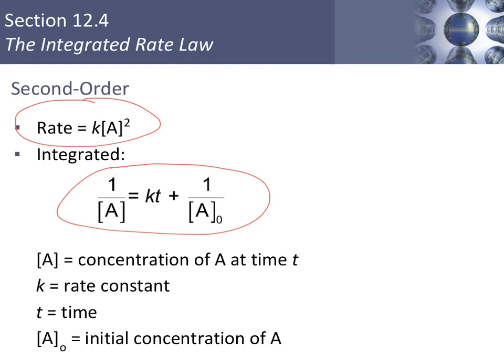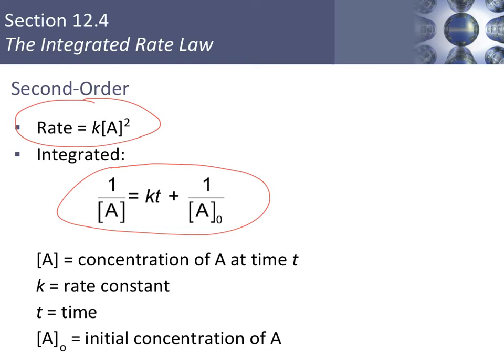So again, we've got the concentration of a reactant A at time t. We've got our rate constant, we've got time, and we've got the initial concentration of A. This equation does not include any natural logs like the first order integrated rate law.